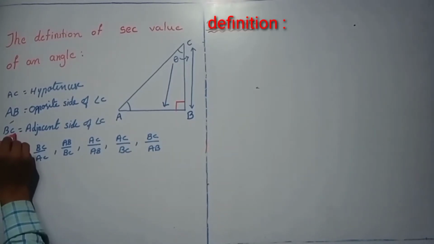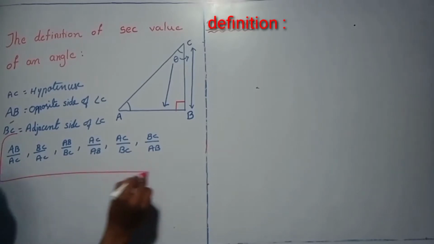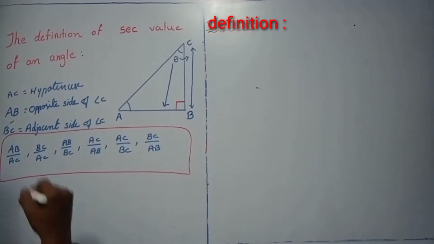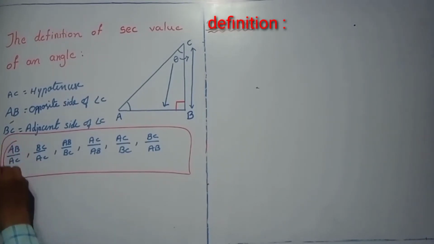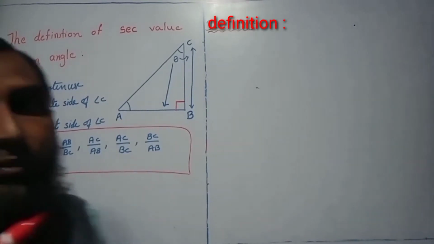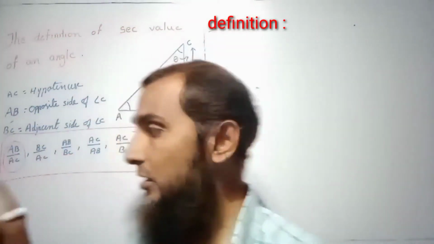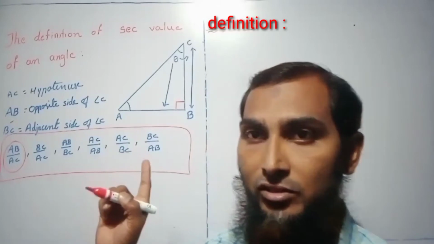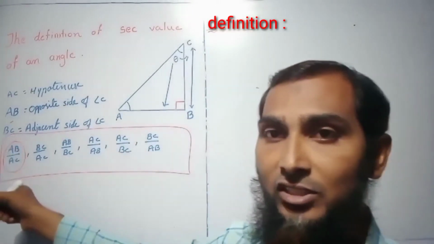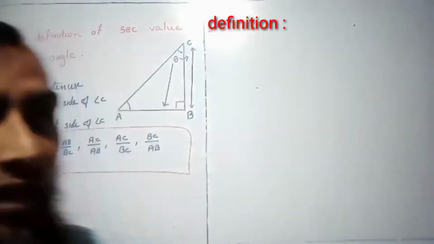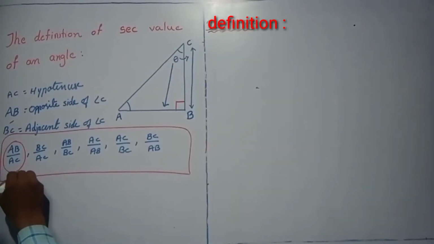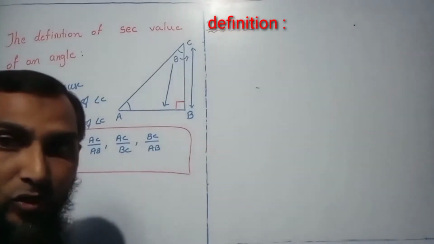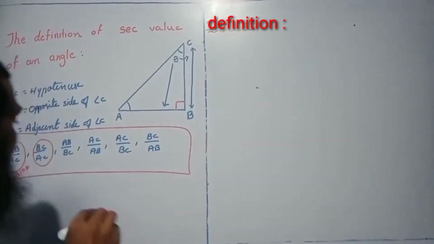These 6 ratios I already explained. The ratio AB by AC is called sine theta, and BC by AC is called cos theta.